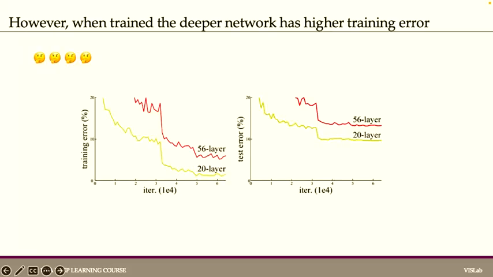But in fact, what you're seeing is the opposite. You're seeing that a 56-layer neural network not only gets a much higher training error, but also, and that's what you care about in the end, a higher test error, which is really strange. So the question they tackled is, why is this the case? Because if you can solve this, you can train deeper neural networks.